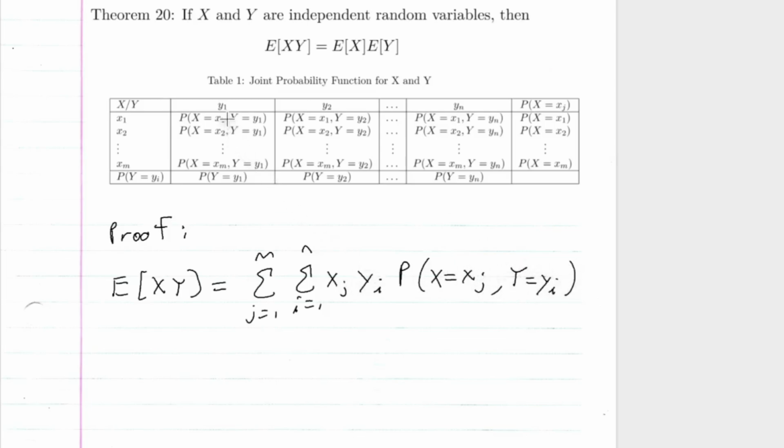That's basically the sum of all of these, times its respective x, its respective y, and of course each respective probability.